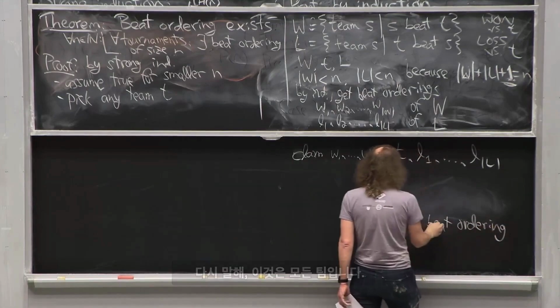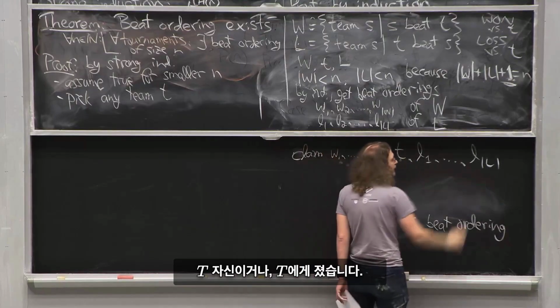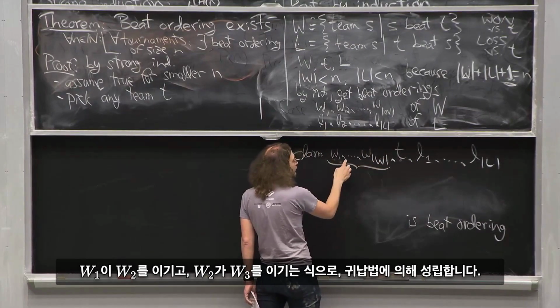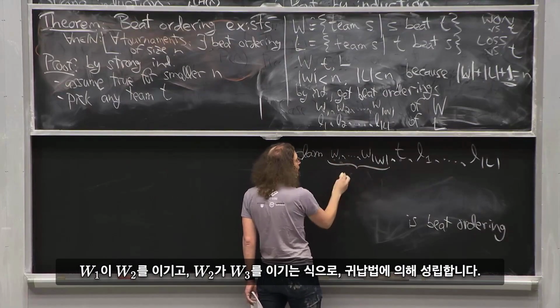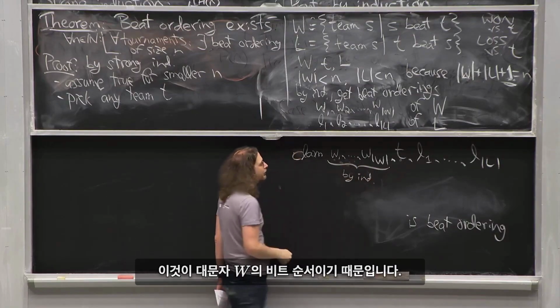Again, this is all the teams. All the teams either won against T, or they are T, or they lost against T. And the idea is this part is beat. W1 beats W2, W2 beats W3, and so on by induction, because this is a beat ordering of capital W.